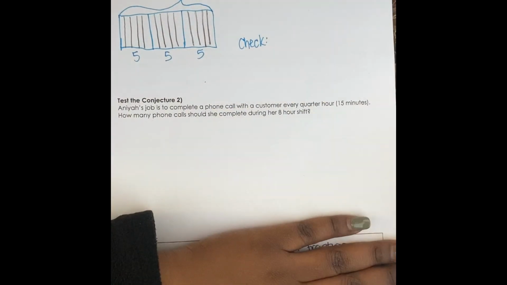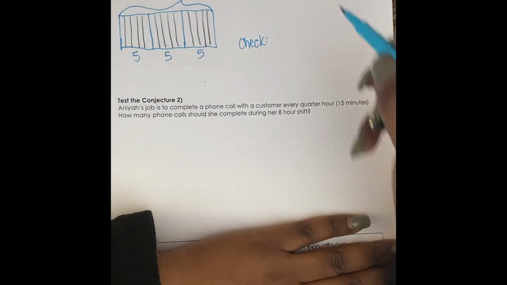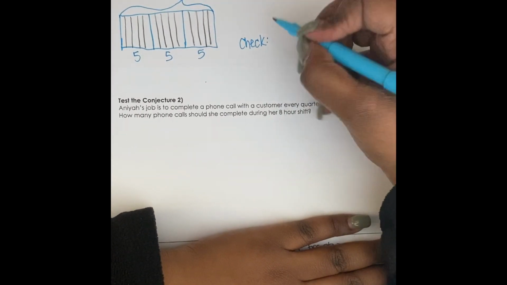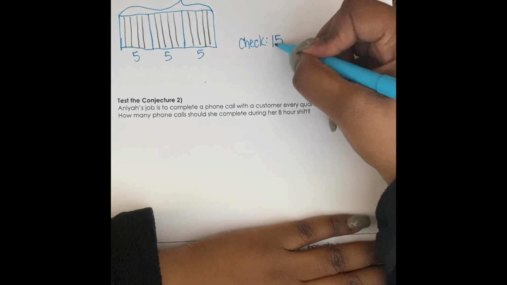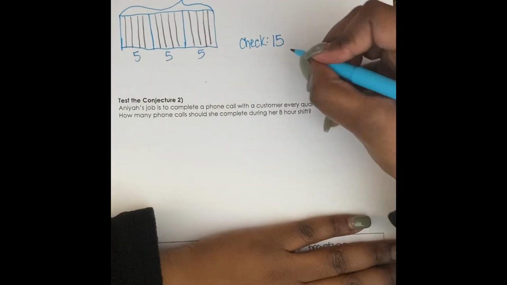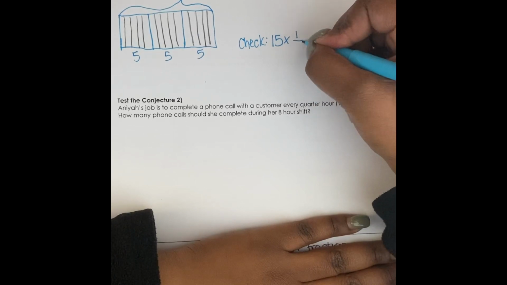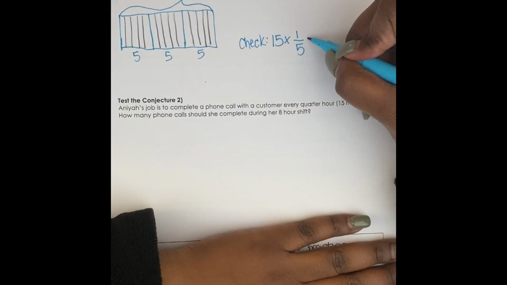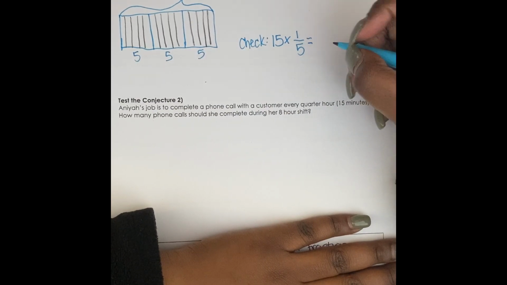We can simply prove that that is true by taking our answer, which in this case is our quotient, 15, and multiplying it by 1/5, which was our unit fraction, and see if we get back to 3.